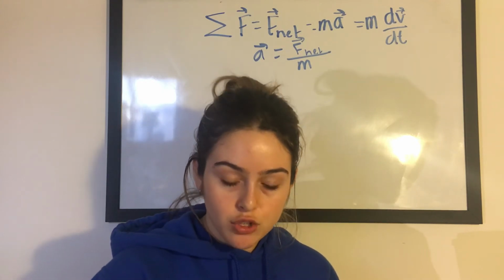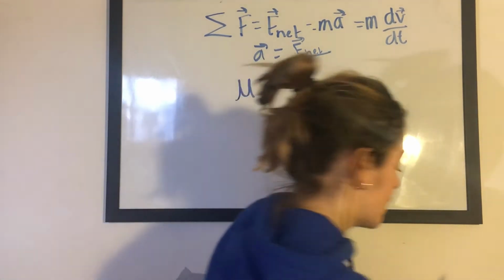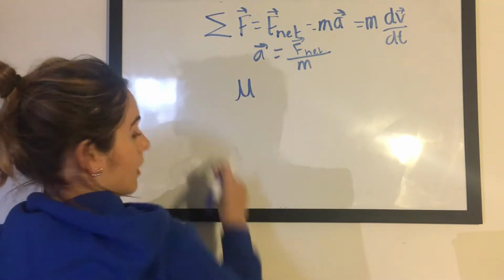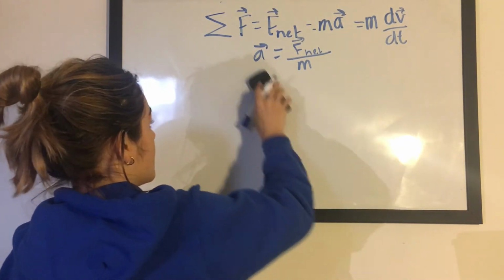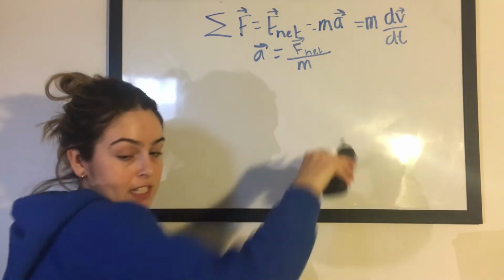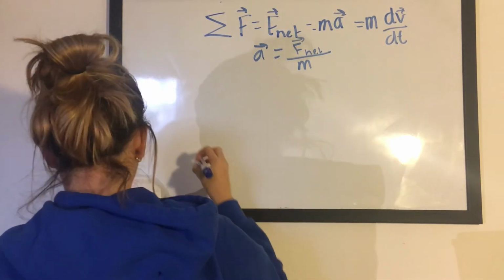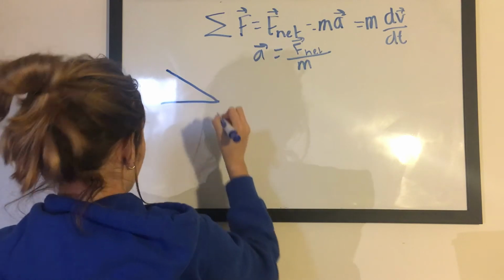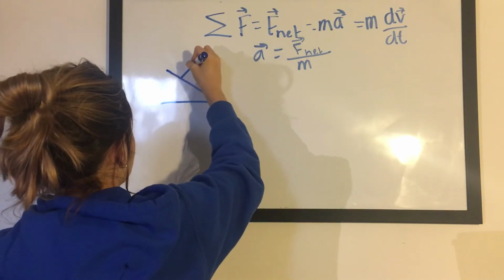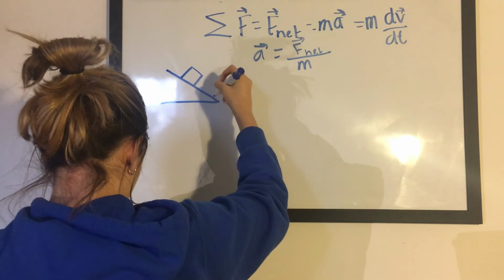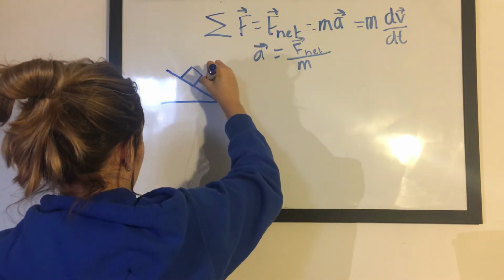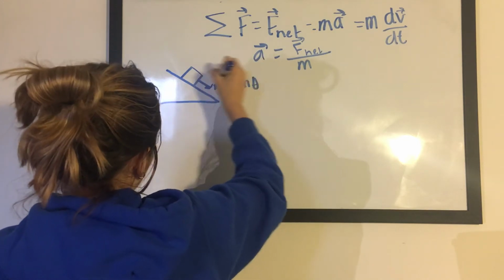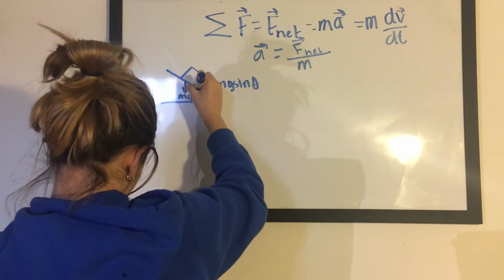Okay, so first I'm going to draw a little diagram so I can picture this better. So we've got our hill. I'm going to go ahead and erase this coefficient of friction symbol. I'm going to draw the skier as a box just to make it simpler. We've got the force acting downwards as mg sine theta. We've got mg coming straight down.